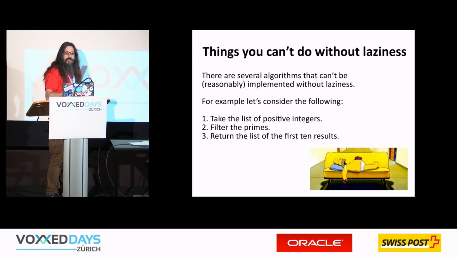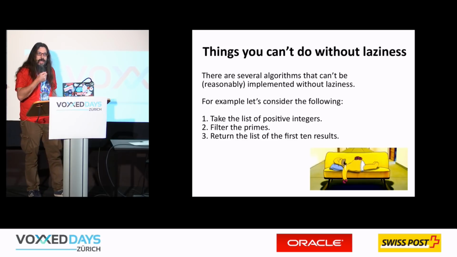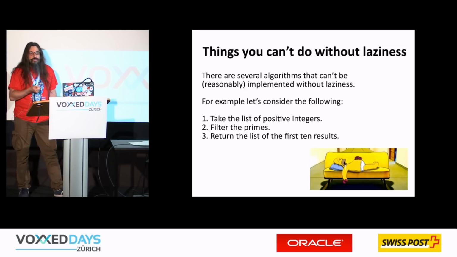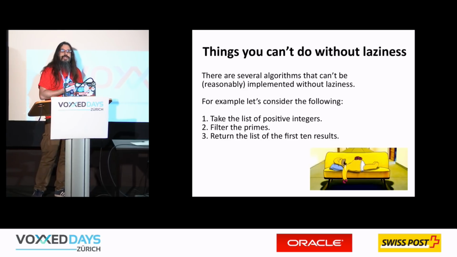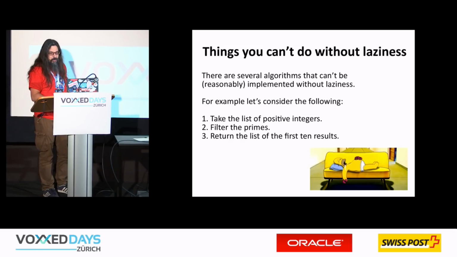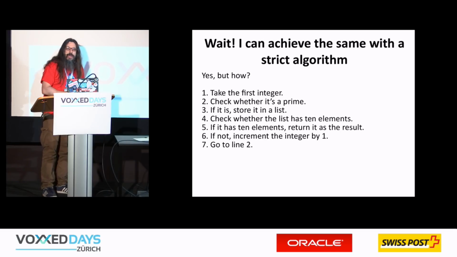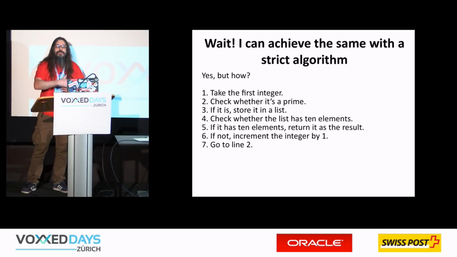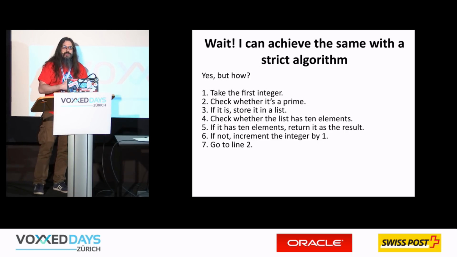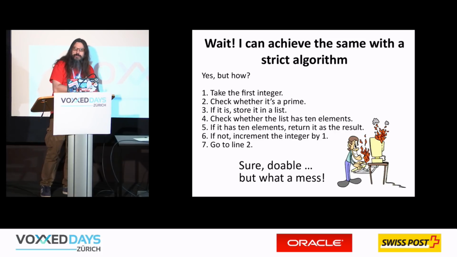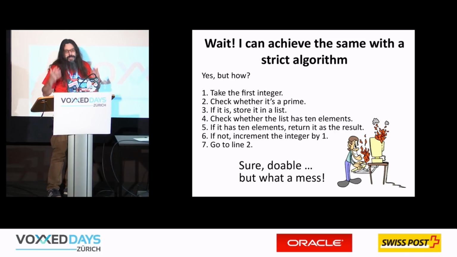And I could implement this algorithm in this declarative way because I'm leveraging laziness. If I wasn't leveraging laziness, of course I could obtain the same result, but I would have a list of imperative steps which would be harder to read and harder to implement. Of course it's doable, but what a mess.